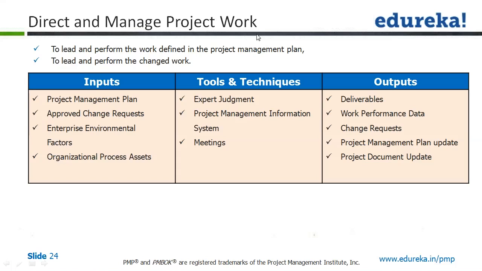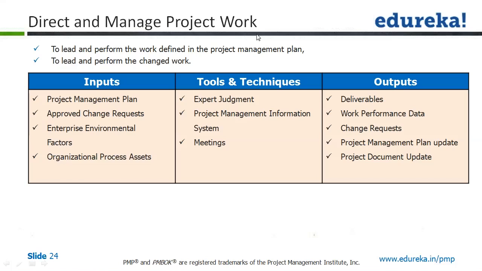Why project management plan updates? Because the input you fed in was the various management plans from the processes, and the output you are getting is a project management plan update, which very clearly gives you an indication that some changes have been made to the overall plan as such.